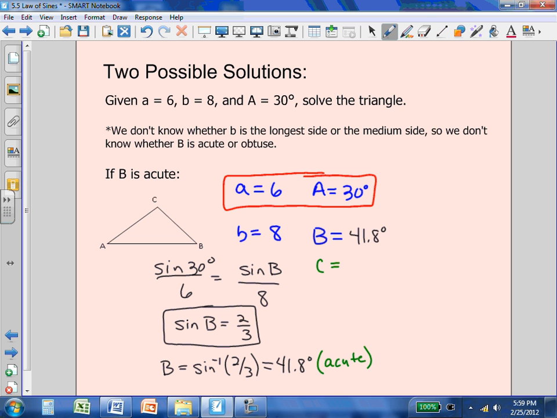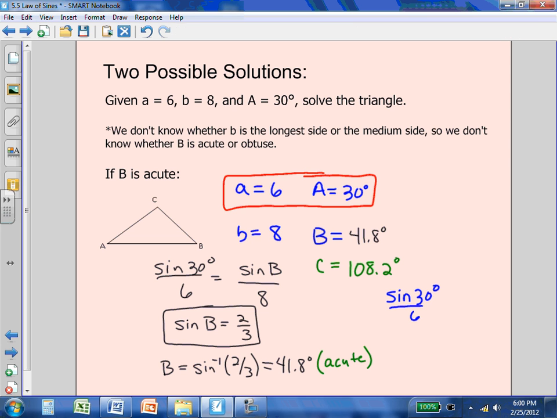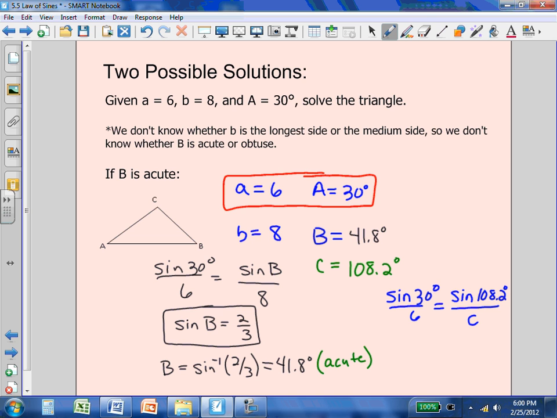Okay, so then we calculate for angle C. Take 180 minus your 30 minus your 41.8, and you get that angle C is about 108.2 degrees. Indeed, it is obtuse. And then you go ahead and run with that. Start over again with your angle A, so sine of 30 degrees over 6 equals the sine of 108.2 over side C. So now I'm working with angle C, so I'm finding side C. And I cross multiply, pause if you need to.